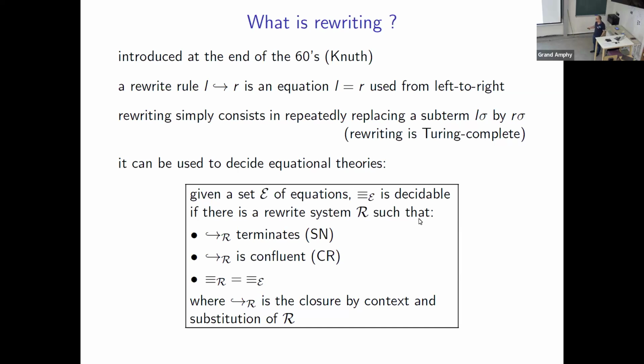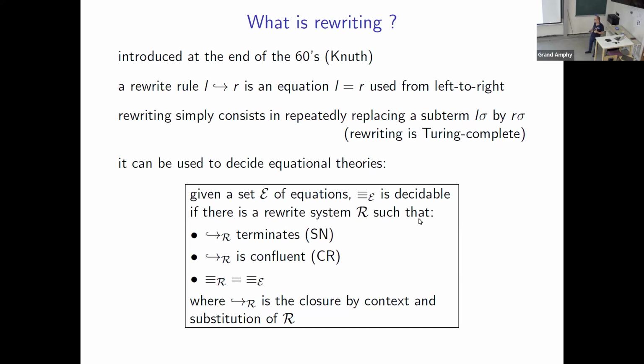Assume you have a set E of equations, and I denote by this relation here the equational theory generated by those equations. This is the closure by reflexivity, symmetry, transitivity, context, and substitution of the equations. One interesting problem is how to know, when I take two terms, whether they are equivalent in some given equational theory.